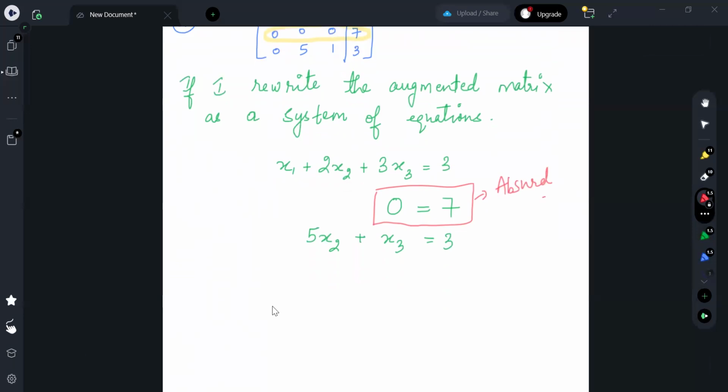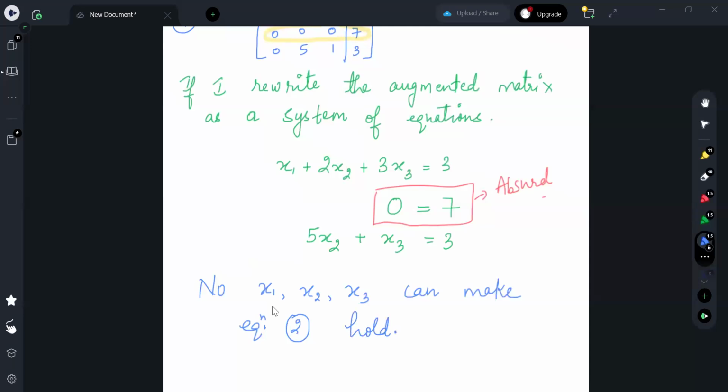So whenever you come across a row like this, where you have 0 on the left-hand side and non-zero on the right-hand side, keep in mind, this is one of a kind. That system will never have a solution, because no x1, x2, x3 can make equation 2 hold.